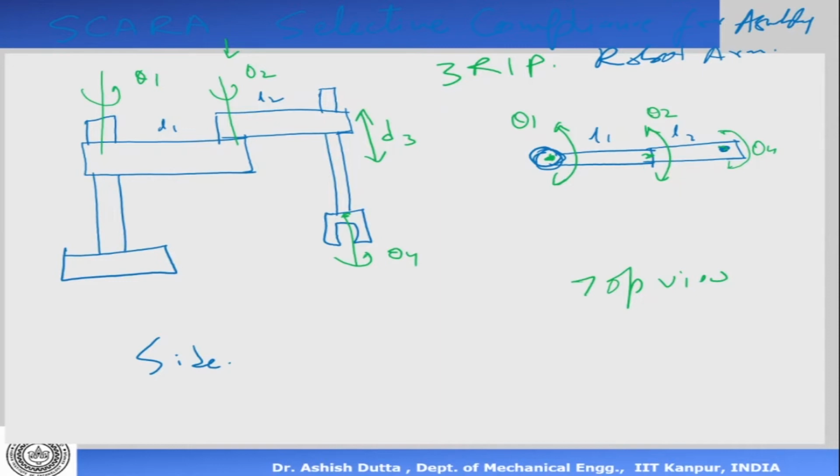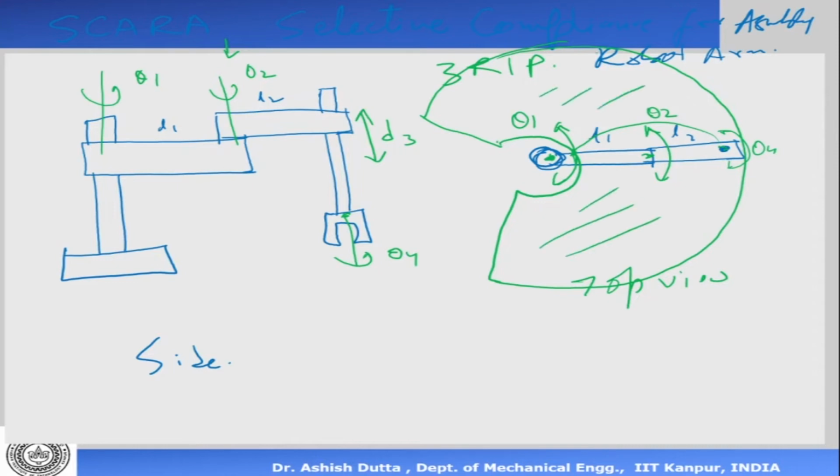So the work volume will be one outer shape like this, because it's a 2-link manipulator, and this will bend like this till here maybe, and there will be another cutout section like this. From the top view, this full area is the work area.